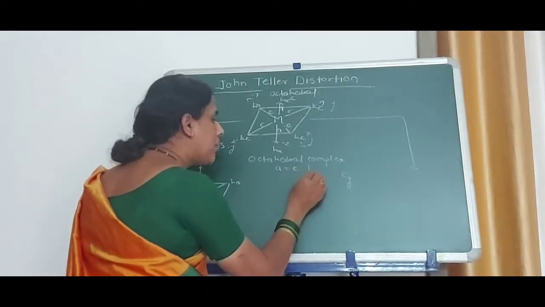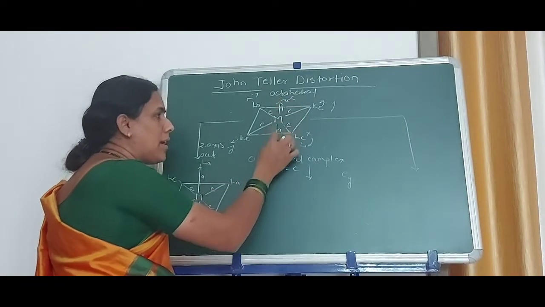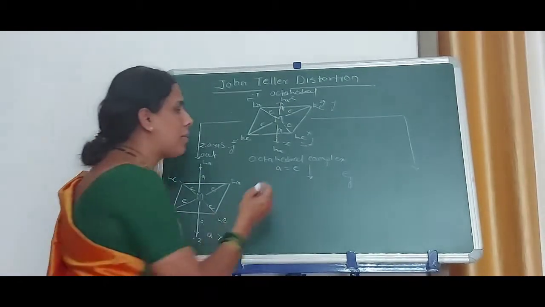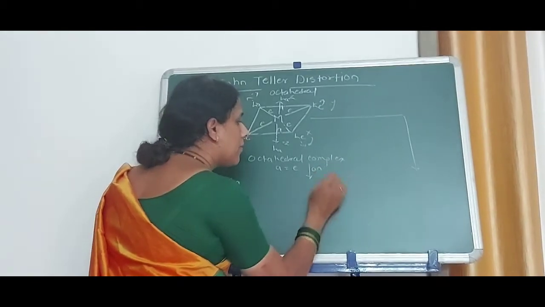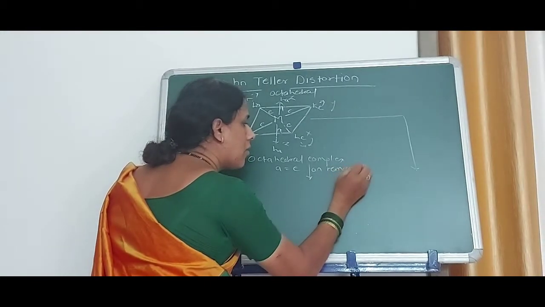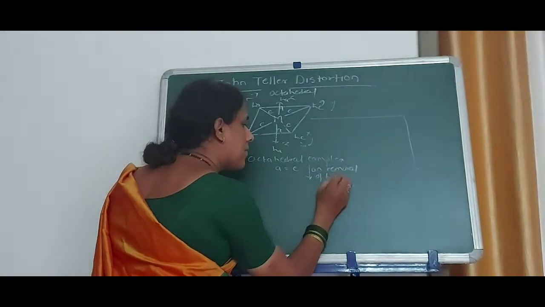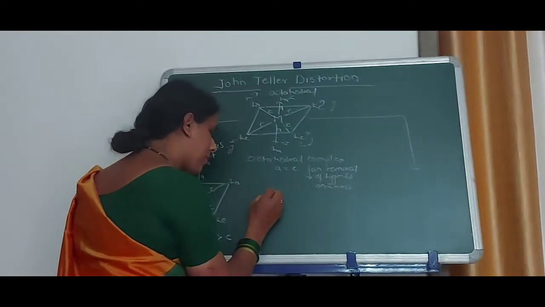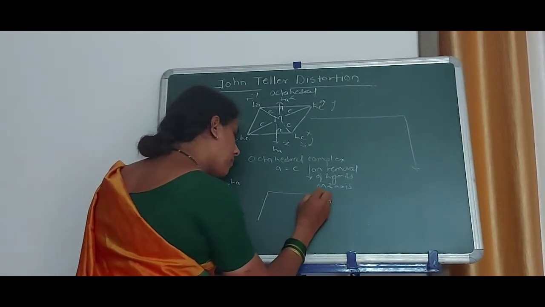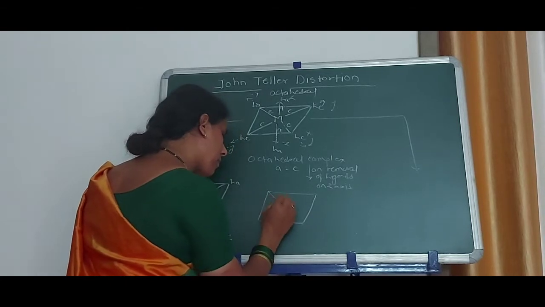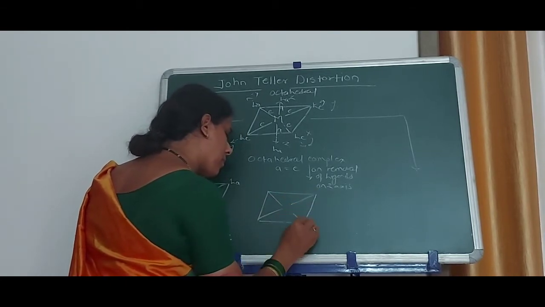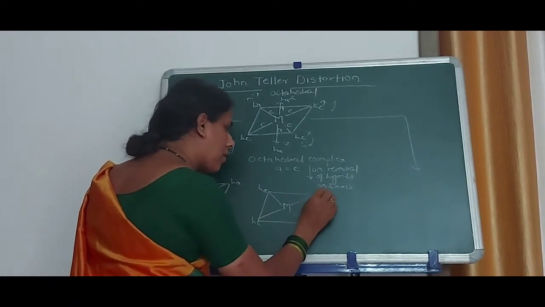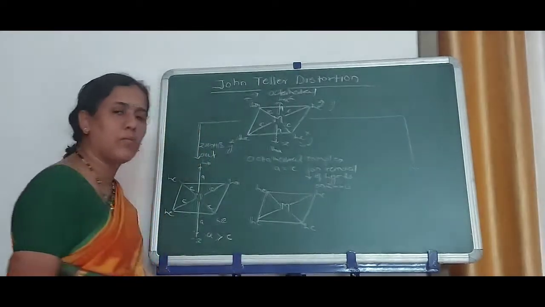On completely removing the ligands which are trans to each other on the Z axis, removed to infinity, what happens? On the removal of ligands on the Z axis, we get this geometry.